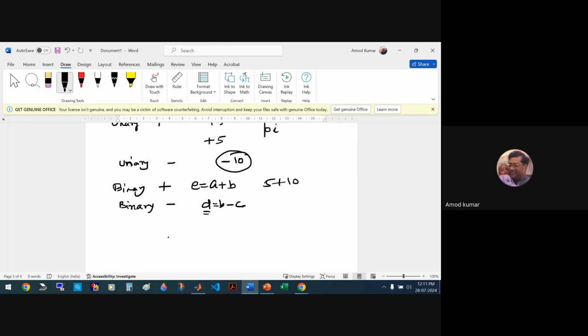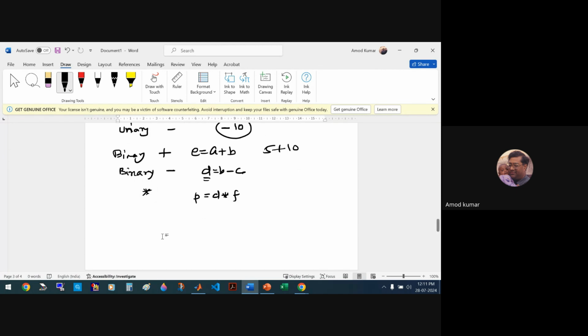Then multiplication. B multiplied by F, for example, and you want to assign it to P. Do it like that. Then there is a division.